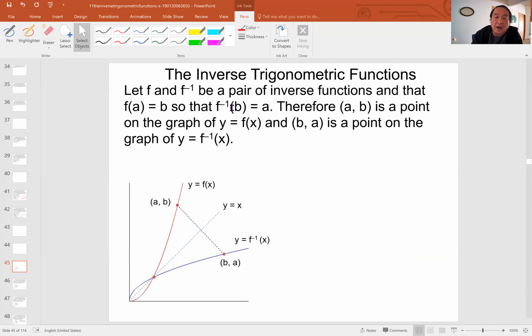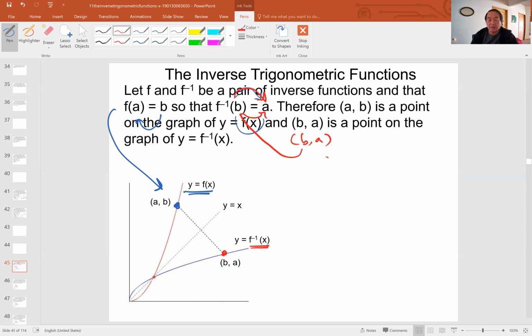If f of a becomes b, with the point (a, b) on the graph of y equals f of x, its inverse function will take b back to a, right? So f inverse of b goes to a. If you feed in b, you will get a. That's a point on the inverse.